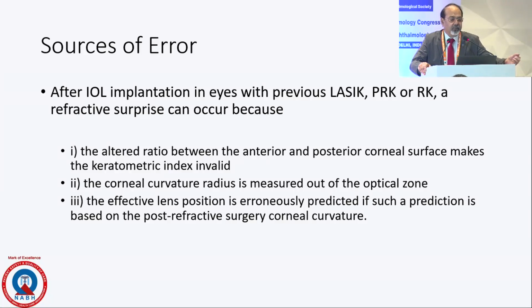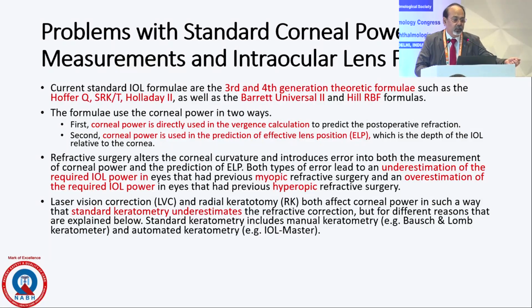So there are different relationships between LASIK, PRK and RK, and there is an altered ratio between the anterior and posterior corneal curvature, which is the culprit for bad calculation. And there are so many formulas, such as the Barrett, and the corneal power is used in 2 ways.